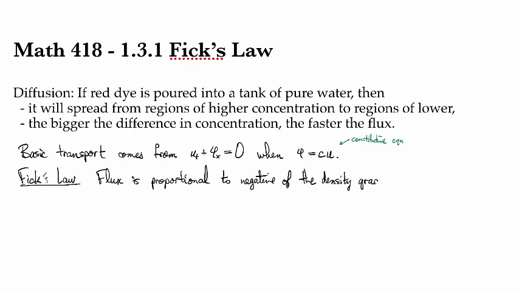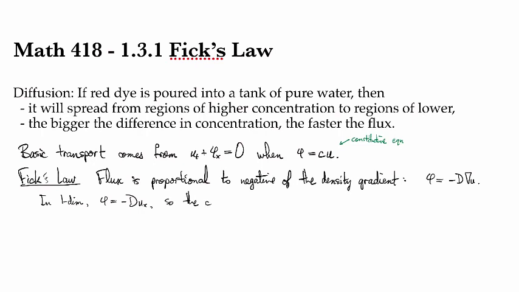So it flows down the gradient. So this means flux is, and then we say proportional to the negative of the gradient of the density. And so in one dimension, this just means that flux looks like minus d times the x derivative of u.